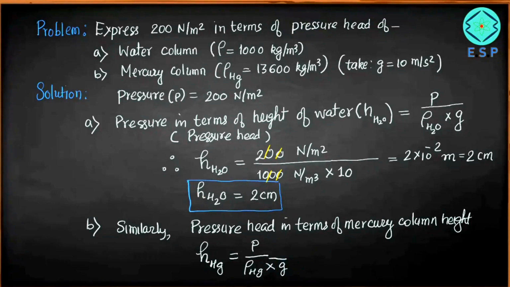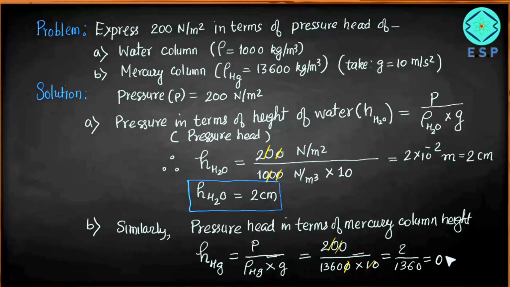If I simplify this, that will turn out to be 200 newtons per meter square divided by 13,600 into 10, since the density of mercury is 13,600 and g I have taken as 10. If I simplify this again, two zeros will be cancelled out here and here, so it is going to be 2 divided by 1360.